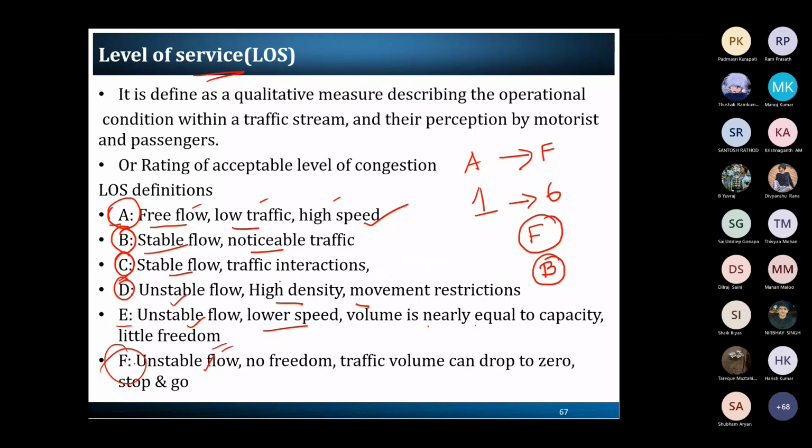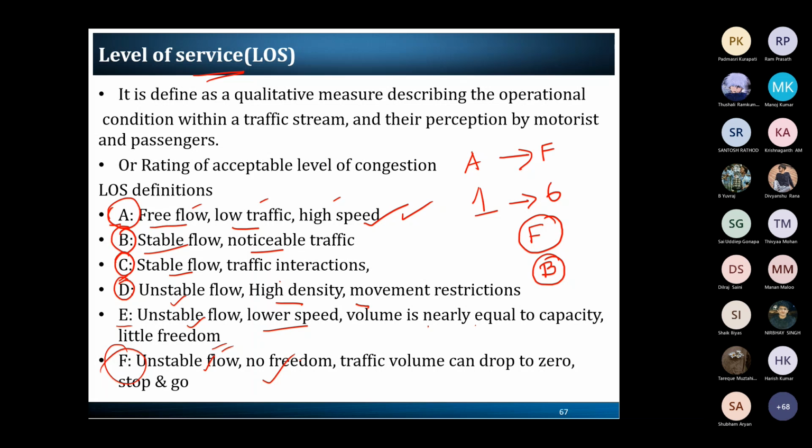And F is totally congestion, no corridor, even the speed is nearing or approaching zero. You have to stop the vehicle, wait, and then go. So these are the classifications we can give for level of service A to F, where A gives us an excellent service and F gives the very worst service. In the middle, variations are happening.